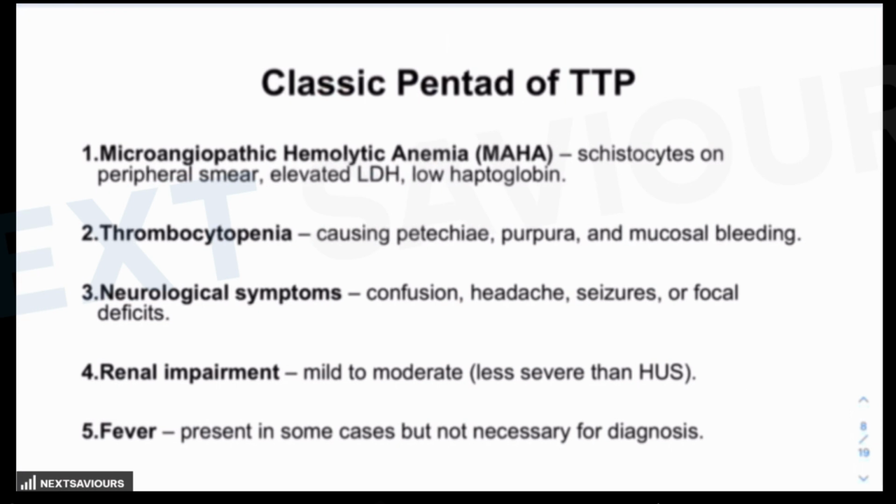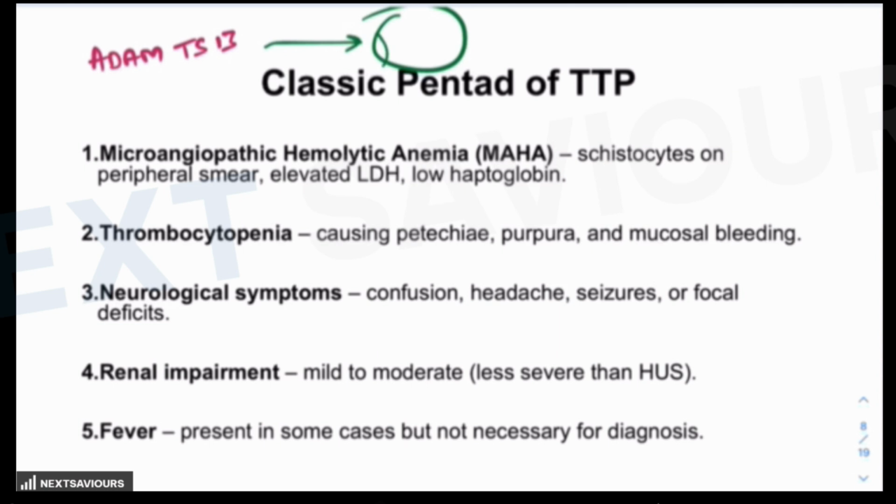As you are already aware, what is the role of the ADAMTS13 enzyme in thrombotic thrombocytopenic purpura. Now, all of you are aware that ADAMTS13 is a disintegrin and metalloproteinase with thrombospondin type 1 motif member 13, which is a zinc-containing metalloprotease enzyme, and it is responsible for cleavage of the ultra-large von Willebrand factor multimers into smaller, less active units.